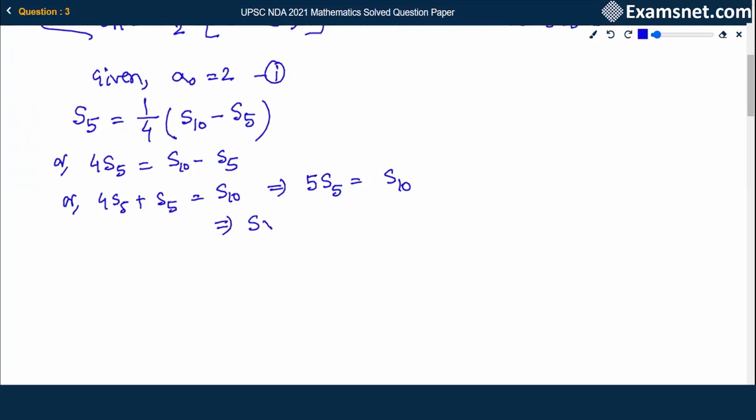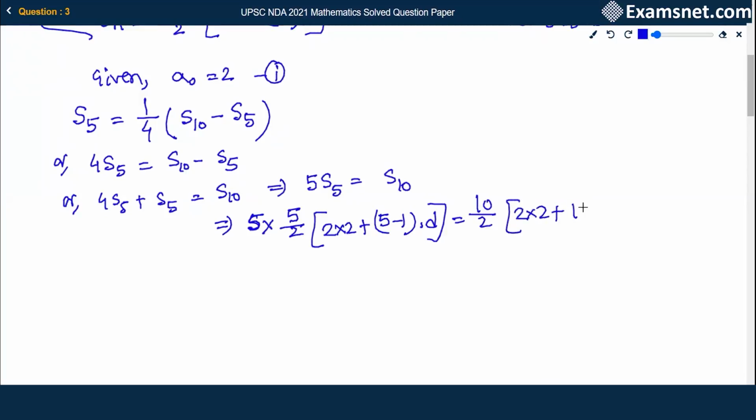So here we can write 5 by 2 multiplied by, since n is 5, n by 2 multiplied by (2a plus (n minus 1) D). 2a means the first term, so the first term is 2: 2 multiplied by 2 plus (5 minus 1) into D. We don't know the value of the common difference, so we can refer to it as D. Also, the sum of the first 10 terms means 10 by 2 multiplied by (2 multiplied by 2 plus (10 minus 1) into D). Correct? Let's continue with the calculation further.